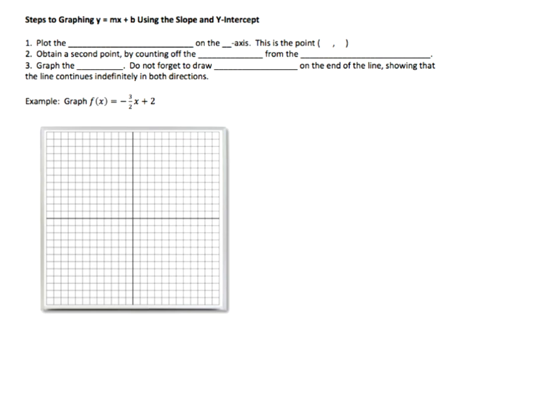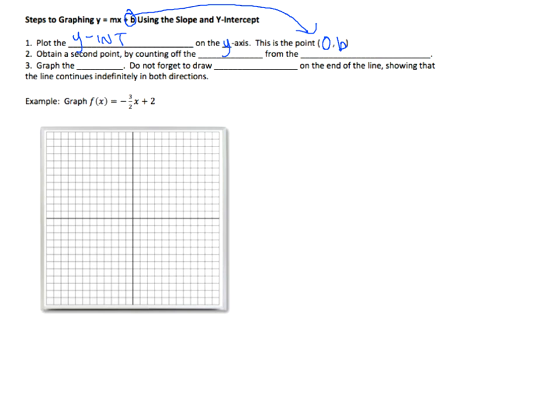The first thing you're going to do is plot the y-intercept on the y-axis. This is the point where x is 0 and y is b. We call it b to match y equals mx plus b, so this is the b I'm talking about, 0, b.